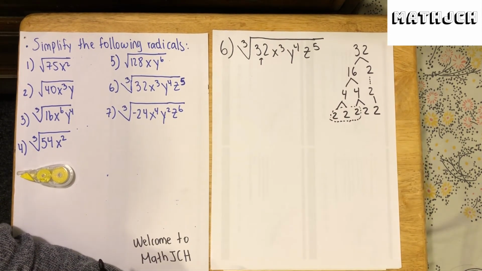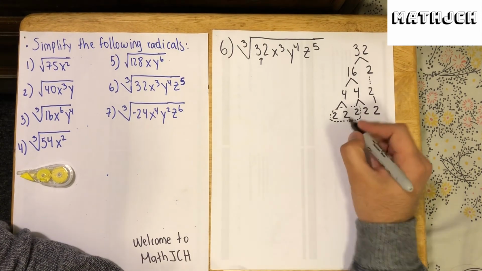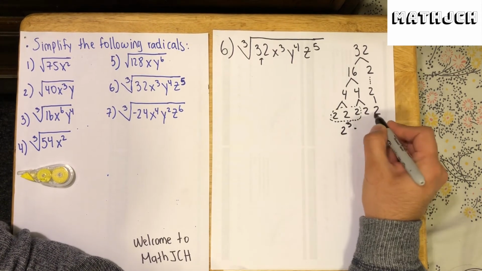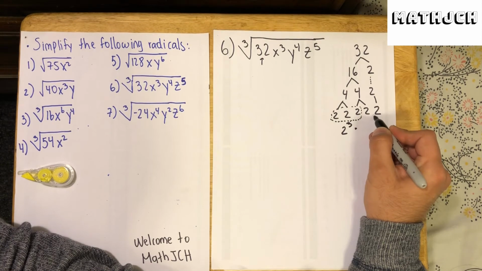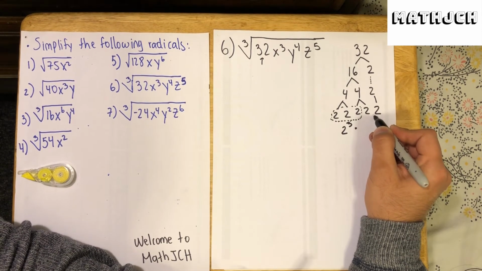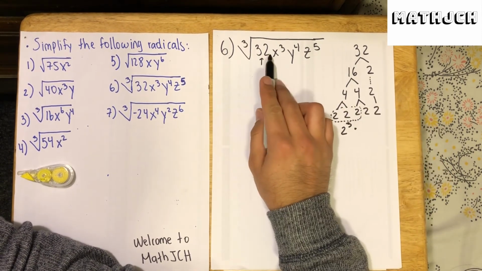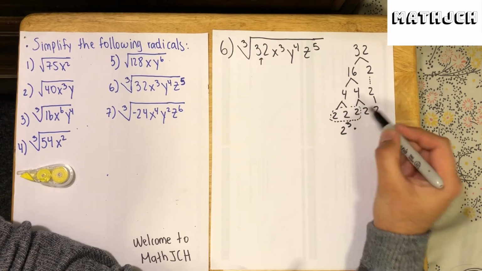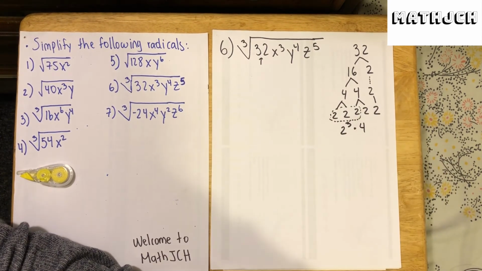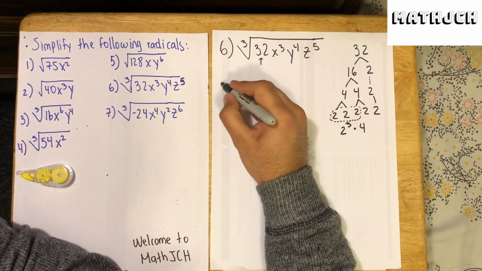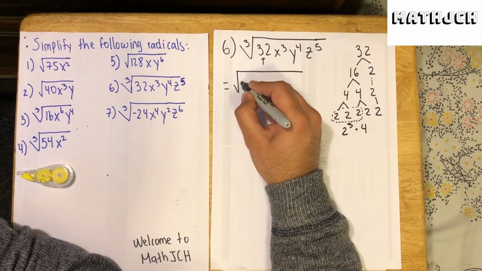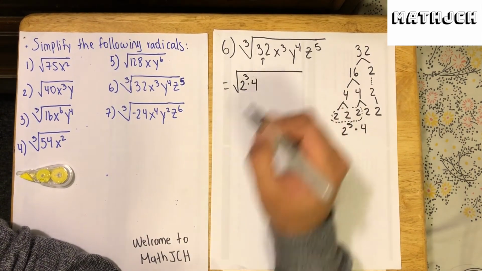This number here, 2 times 2 times 2, is 2 to the power 3. And 2 times 2 is to the power of second, so we're not going to be able to simplify it further. We could just rewrite it as 4. So 32, we could rewrite as 2 power 3 times 4.